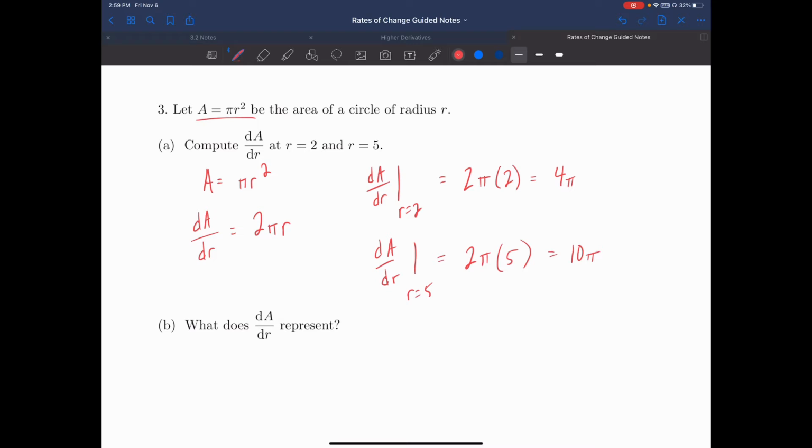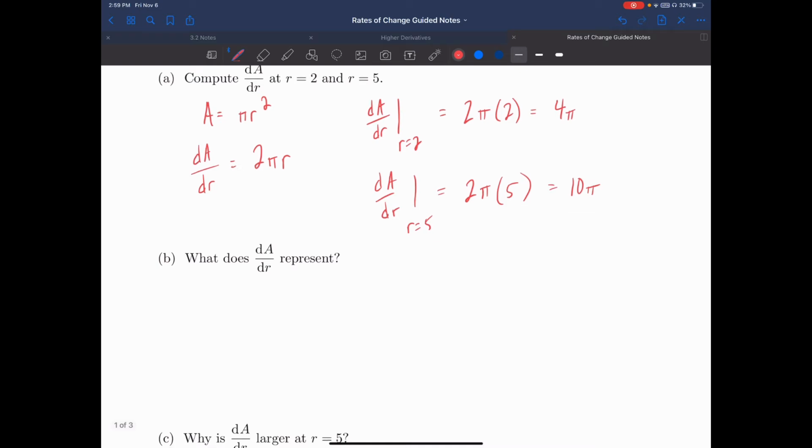So what those represent is the rate at which the area changes with respect to the radius. So that's what that would represent. And another way to write that would be the rate at which the area changes when r increases.